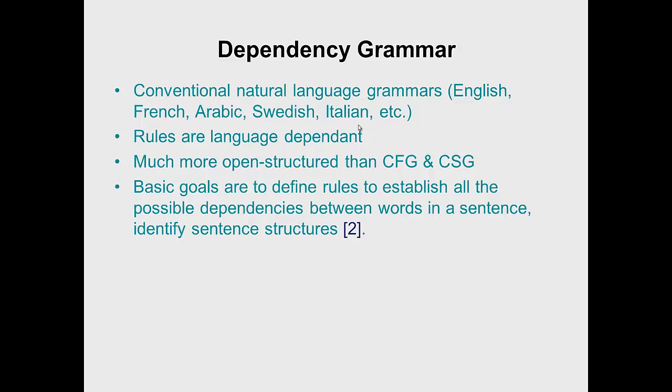CFG and CSG are very restricted types of grammar to define more restricted languages, but dependency grammar is to define natural language grammar, speech grammar, whose rules are much more broad. The basic goals of these dependency grammars are to establish dependencies between words in a sentence and identify sentence structure.